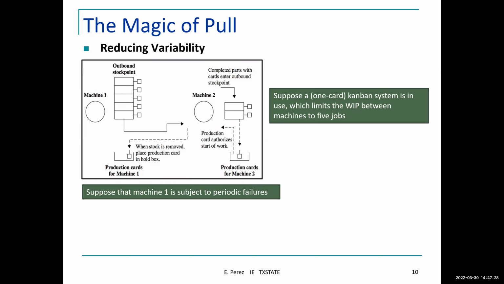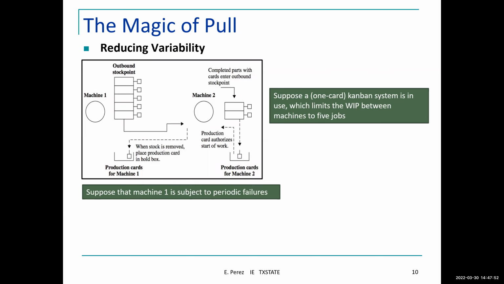Everything that is processed in machine 1 is moved to machine 2. And we have a Kanban system in use, which limits the work in process between machines to 5 jobs. We have the production cards for machine 2 here.